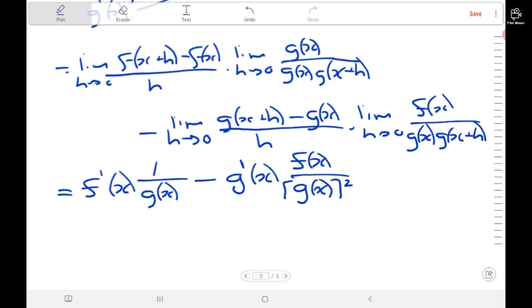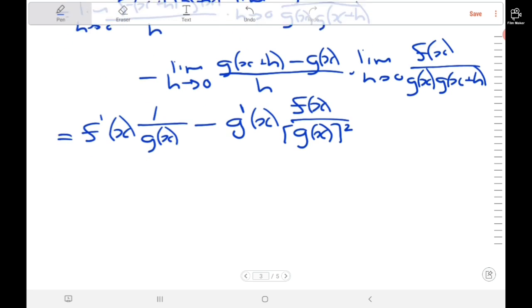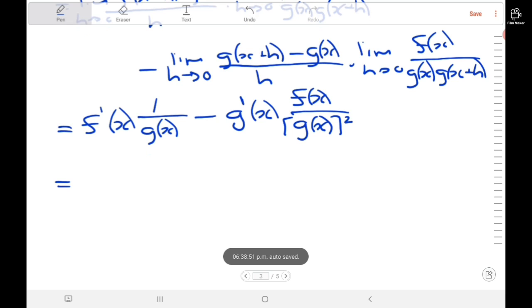We have two terms. It might be nice to try and combine this into one fraction. So let's do that. We have a g of x squared as the denominator on one term and g of x on the other term. So overall, we're expecting a denominator of g of x squared. So we'll multiply this first fraction by g divided by g.